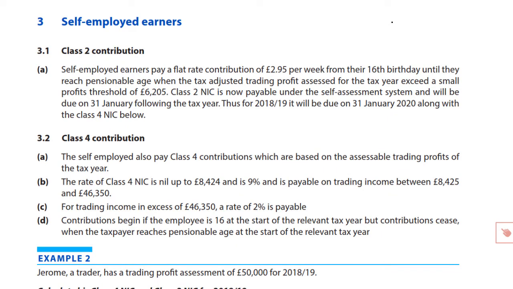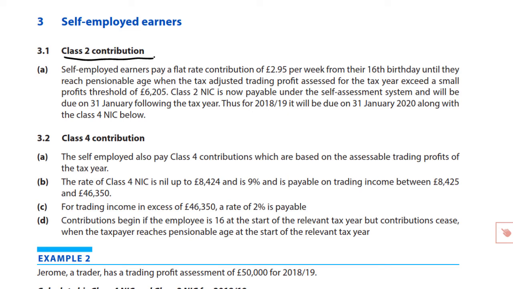Again, if we've either got employment income or trading income, the national insurance contributions are payable by us. To begin with, there are two types of contribution now payable, again known in terms of the classes of NIC that we talk about here, and they are Class 2, which is a very, very small amount that is payable indeed.